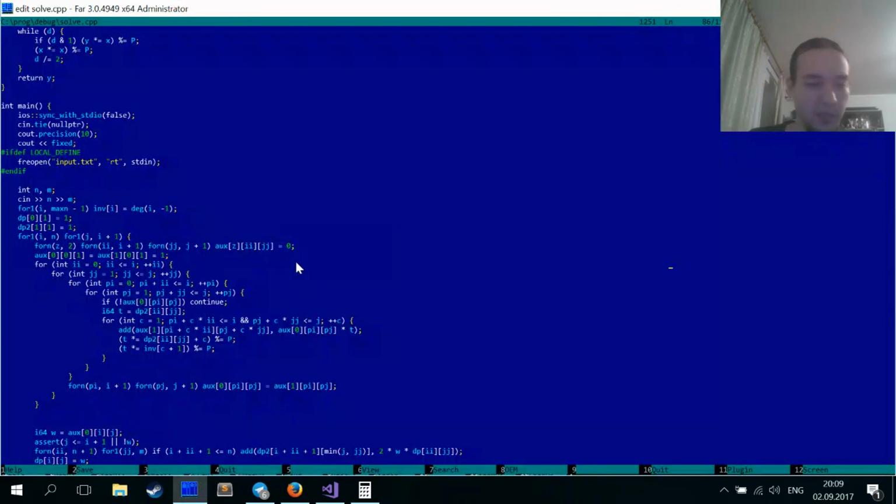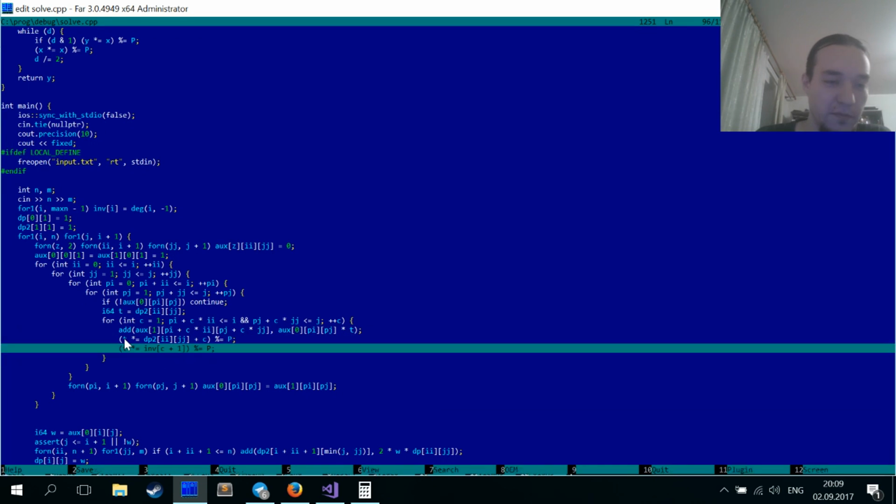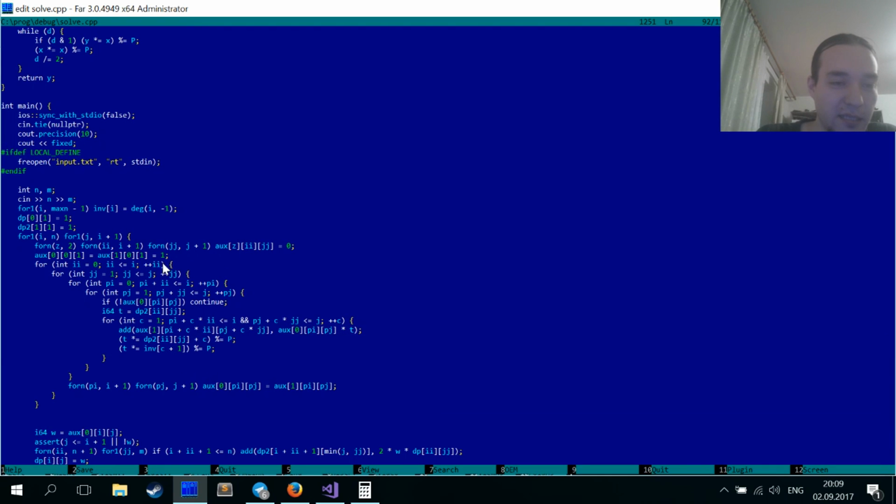So the place in my code where t is exactly this coefficient, the binomial coefficient for the number of transitions. And in this cycle, i and j are the parameters of the whole configuration. pi and pj are, well, i and j, which are not very good names, but I wasn't trying to write very readable code.